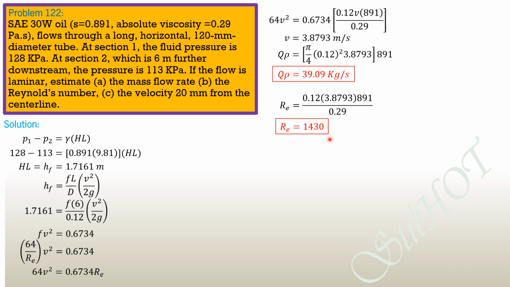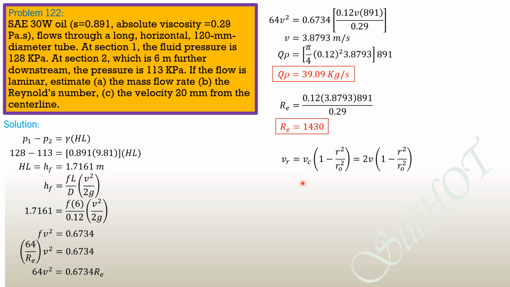Then the velocity 20 mm from the center line, V sub R, is V sub C times quantity 1 minus R square over R O square. That's the formula, where V sub C is 2 times the mean velocity for laminar flow.